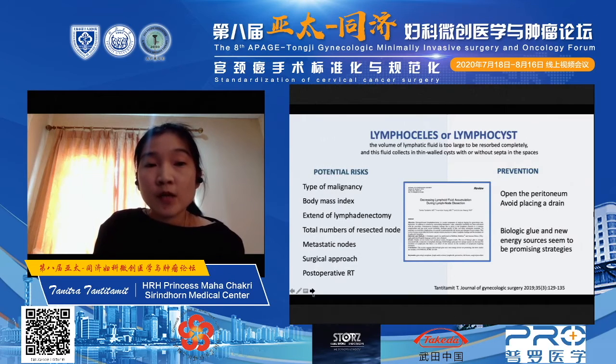This is the result of the volume of lymphatic fluid being too large to be resorbed completely, and this fluid collects in thin-walled cysts with or without septa in the pelvis.